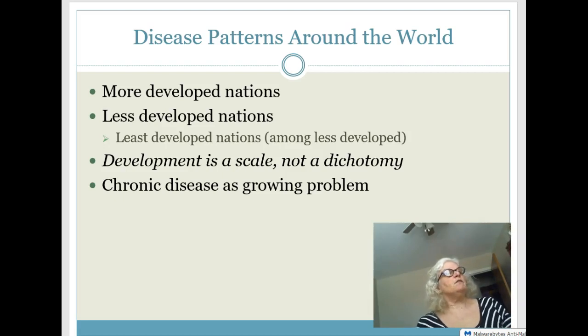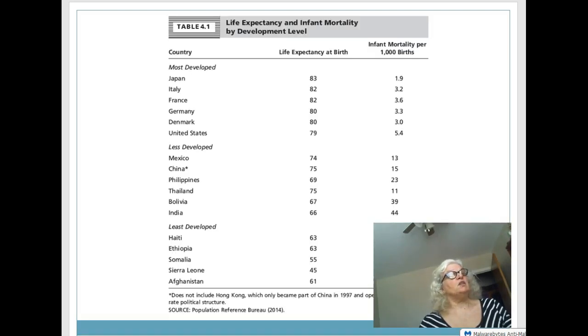So we can see significant variation from what we talked about in the last module. Chronic disease is a growing problem only as those countries live longer, or as we control disease, I should say, as well.